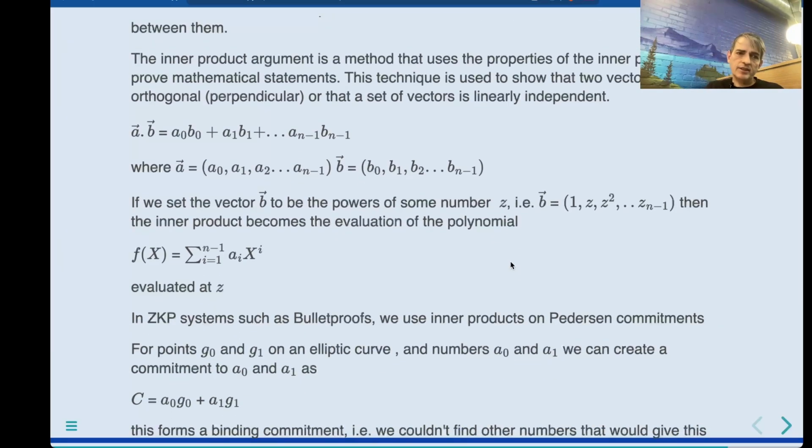But we can extend that, and we can also bring in polynomials. If we, for example, have a vector which is formed by taking powers of some number, so here we're starting with a number z, and we're taking powers of that, then the inner product is representing the evaluation of a polynomial.